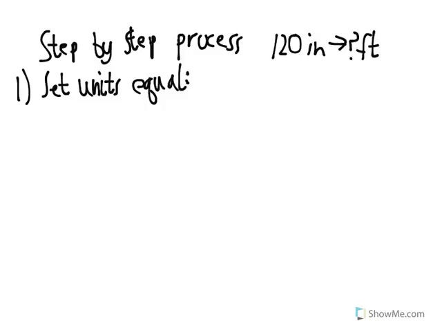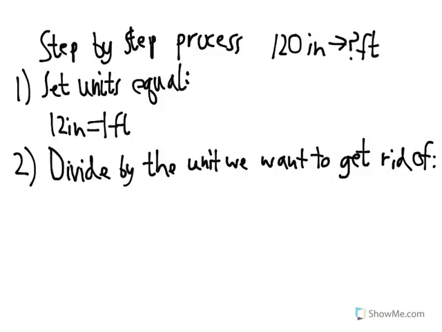Now, fortunately, this is very simple. 12 inches equals 1 foot. So the second step is to divide by the unit we want to get rid of. In this case, we're trying to get rid of inches, so we'll divide both sides by 12 inches. So we have 12 inches over 12 inches equals 1 foot over 12 inches.